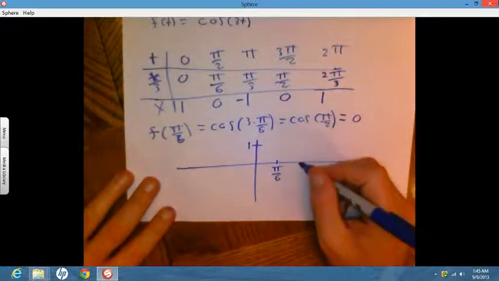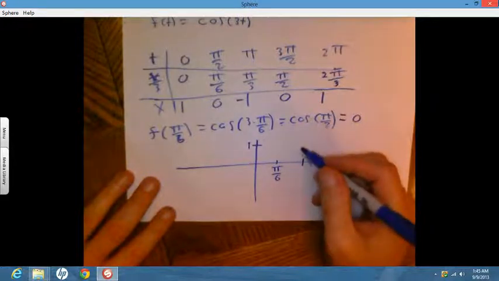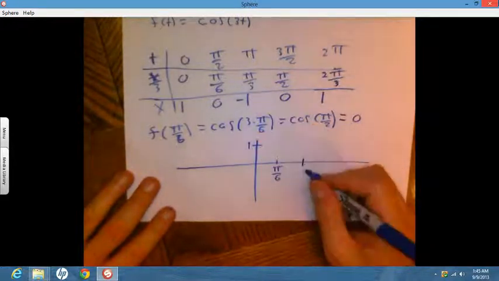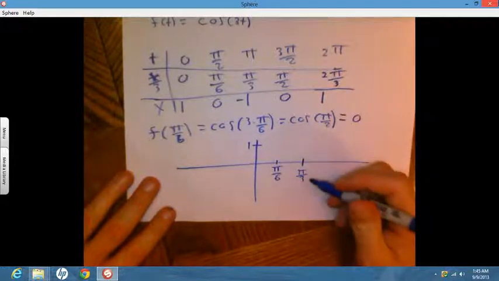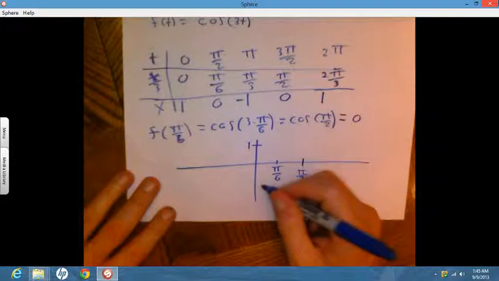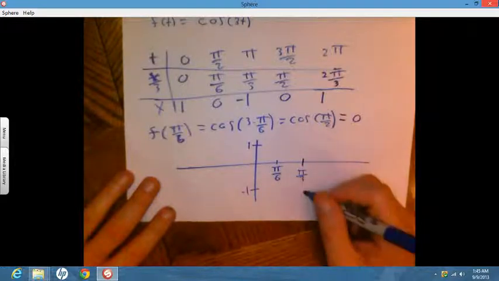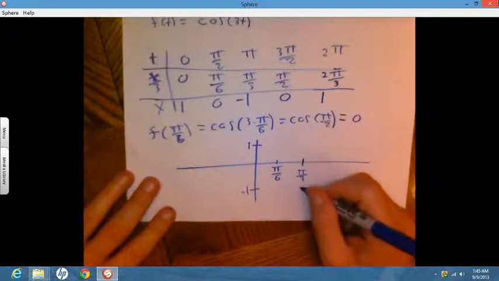And our next one is going to be pi over 3. At pi over 3, the value of the function is going to be negative 1. So it's looking like this.